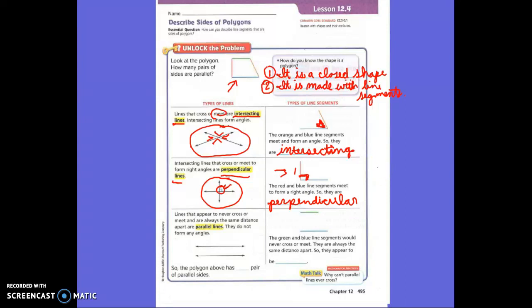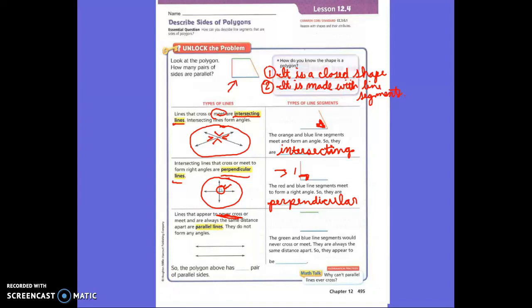Now, here's where parallel is. Lines that appear to never cross. Do you see those words? Never cross or meet. So they don't meet either. They are the same distance apart. Those are parallel lines.